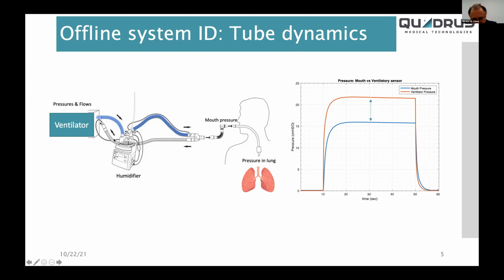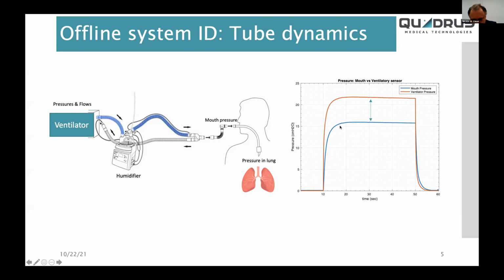So in this scenario, we collected the data from the ventilator and the data at the mouth of the patient. Let me explain this plot. The blue line represents the pressure at the mouth, and the red line represents the pressure of the ventilator.